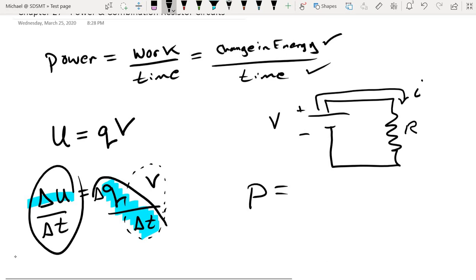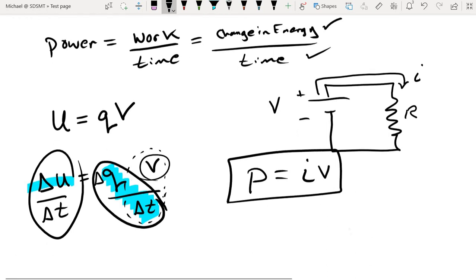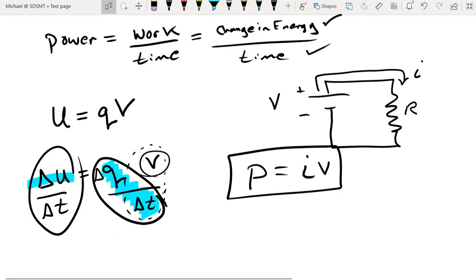And so it's that combination of change in charge over time that we can call current. And then the last piece there is the potential. And we now have the power for really any given element inside of our circuit.